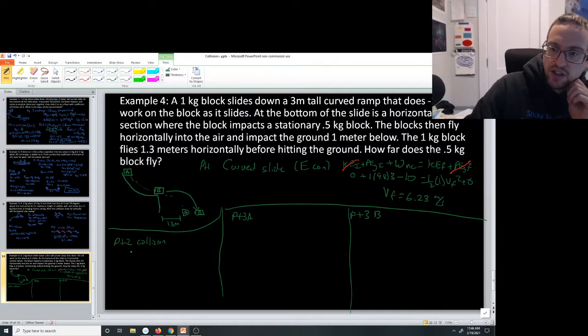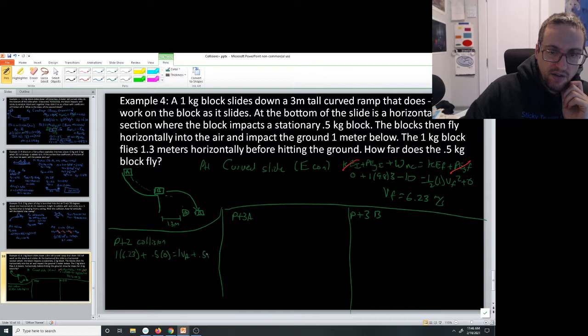That goes into my collision here. So I've got 1 times 6.23 plus 0.5 times 0 equals 1 VA plus 0.5 VB.